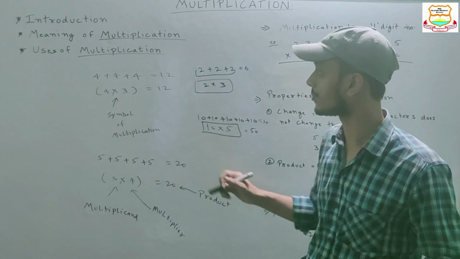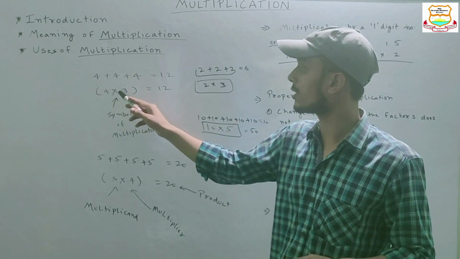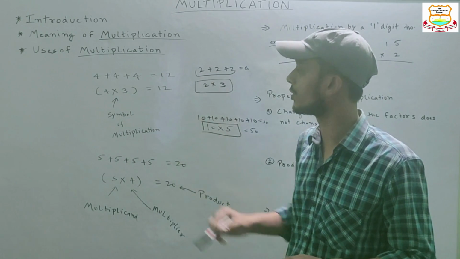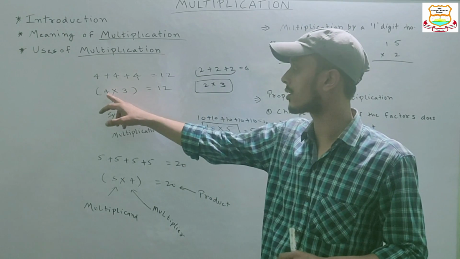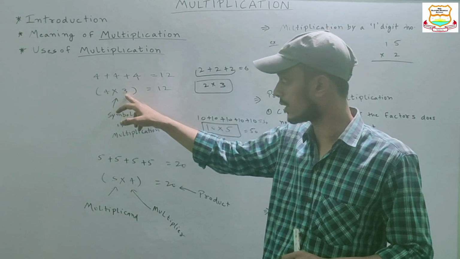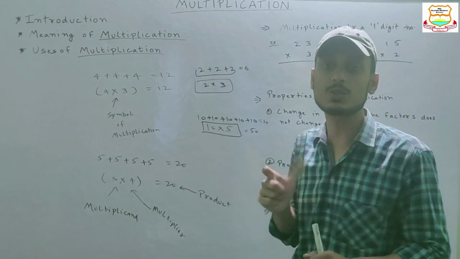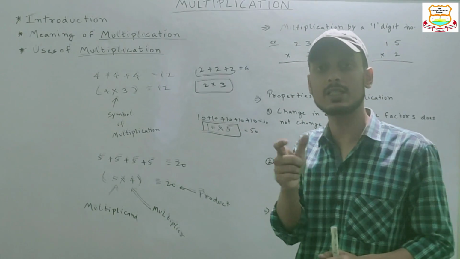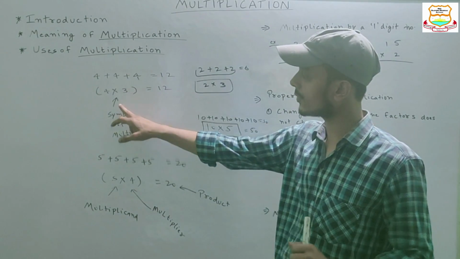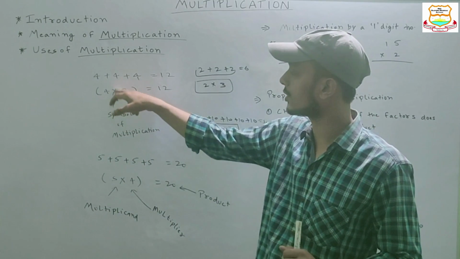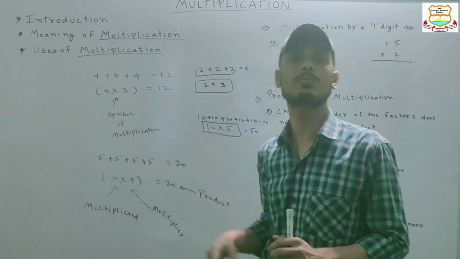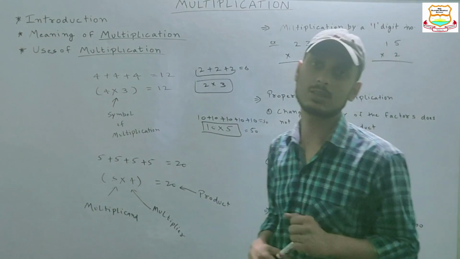Got it? So 4 into 3 equals 12. We can also read it as 4 multiplied by 3, or 4 into 3.